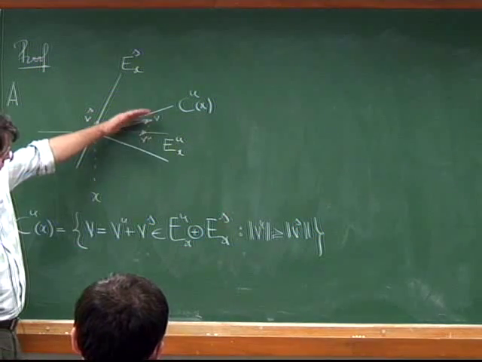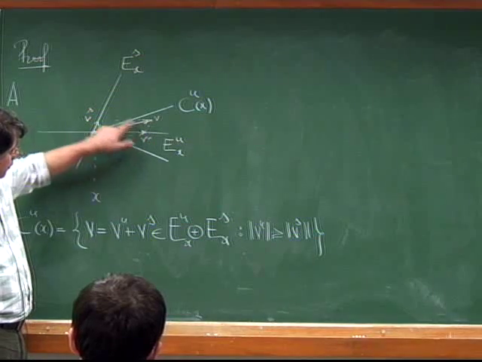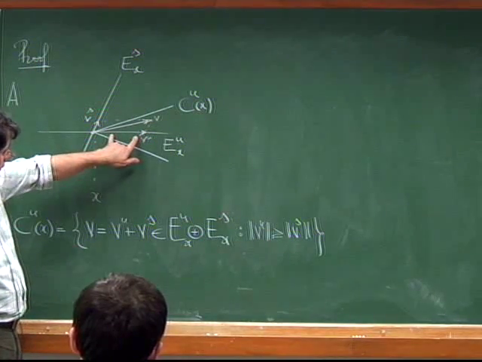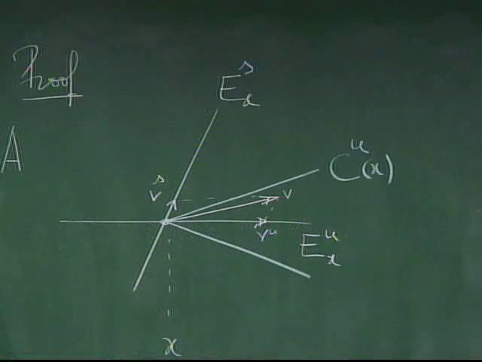Geometrically it's this region here, where you take any vector and decompose it into the direct sum, and the component along E^U is bigger than the component along E^S.